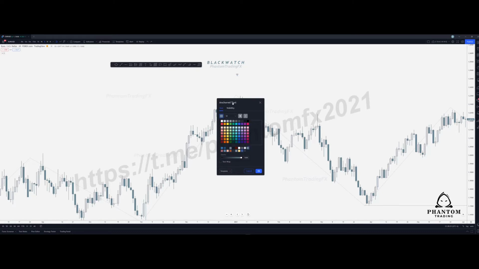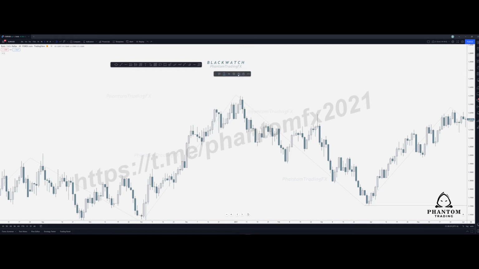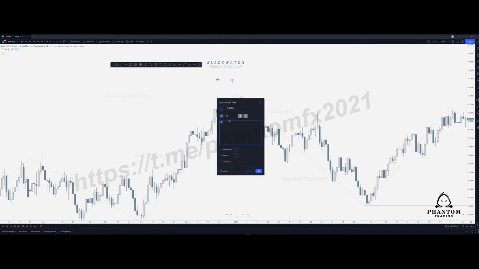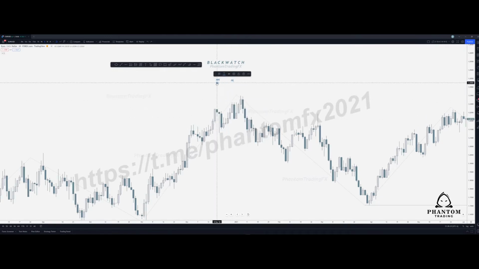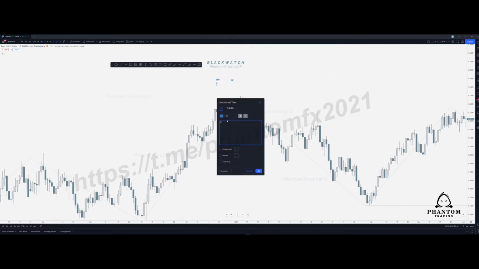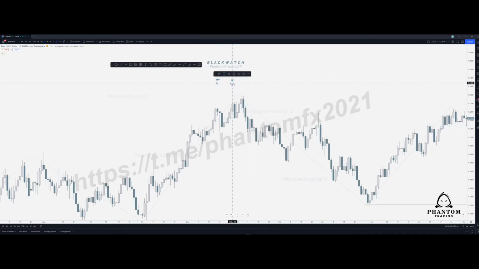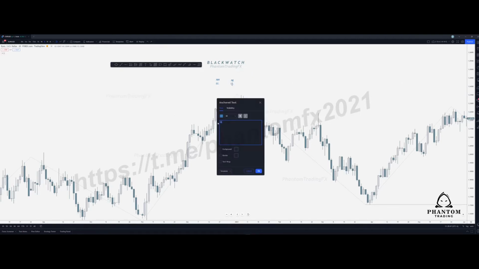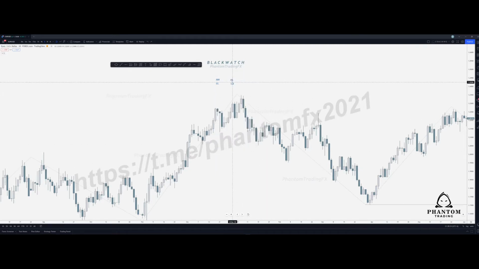Yeah, that's good enough for now. Blue. We have a higher high. We have higher lows, and lower lows. And we have lower highs, because I cannot seem to remember these things for the life of me. Lower high. I don't know why they're so confusing to me.